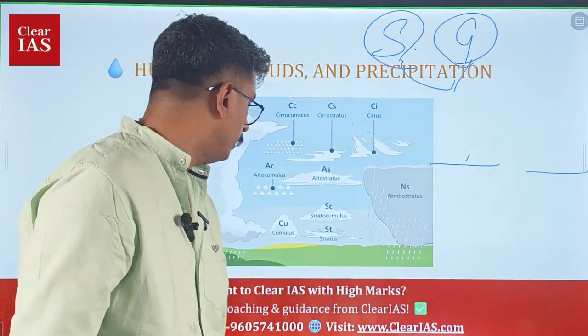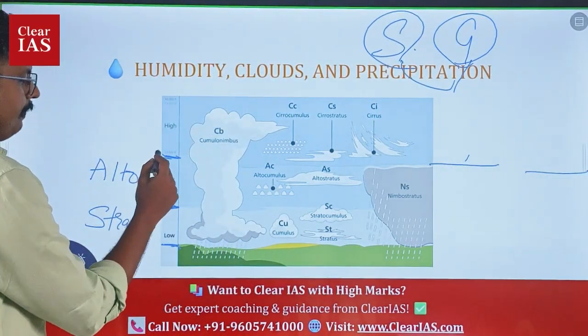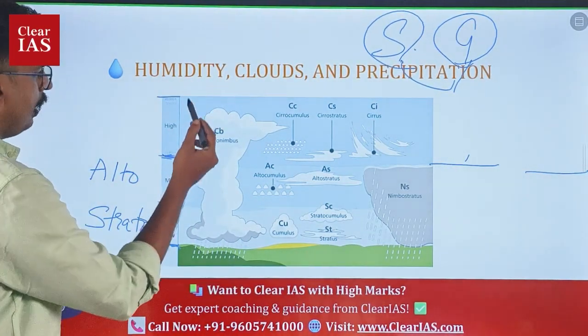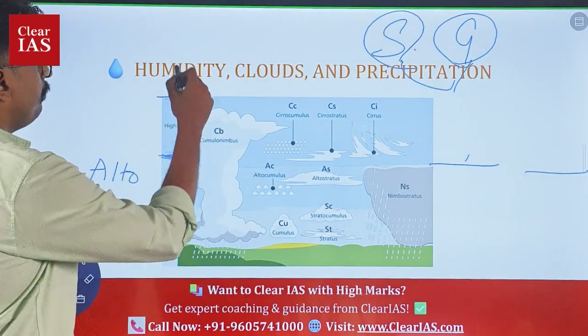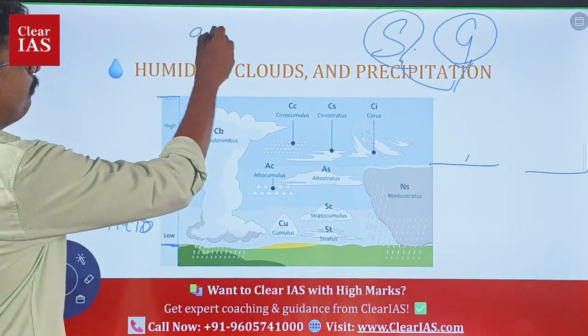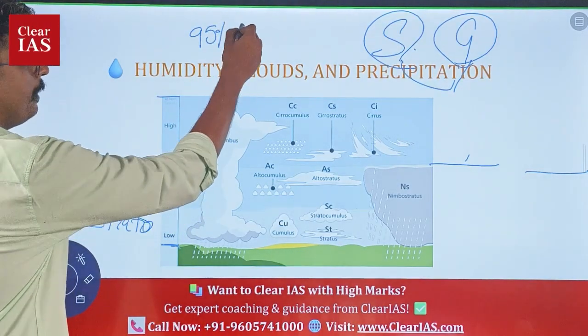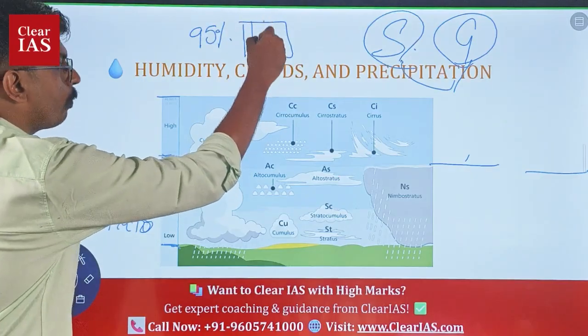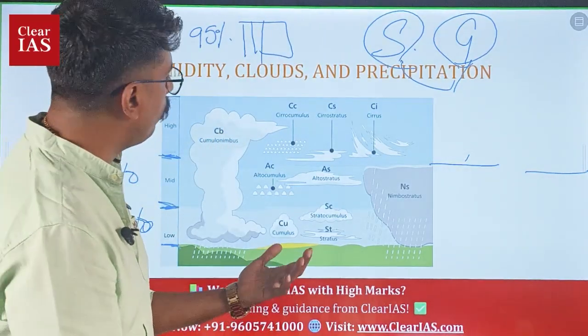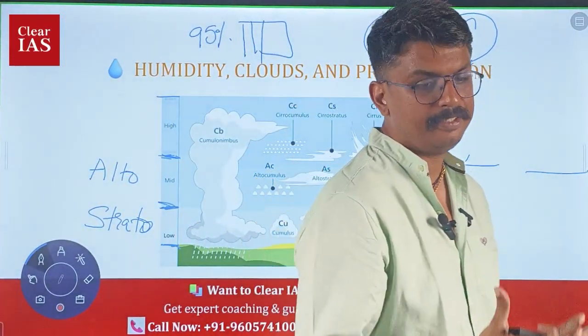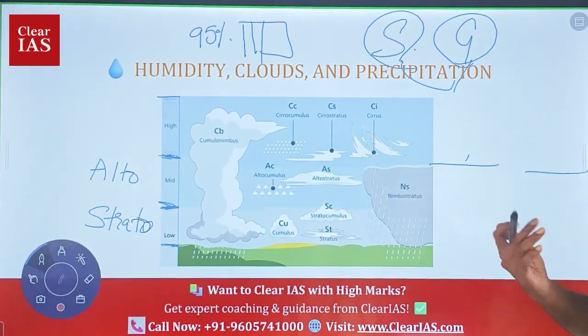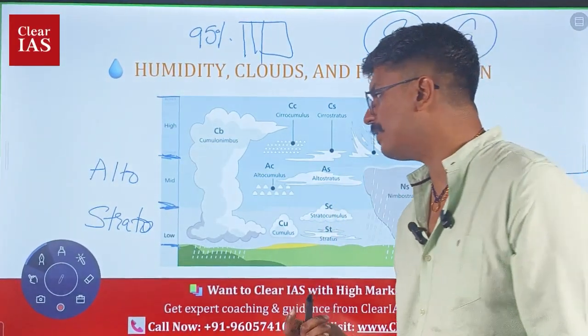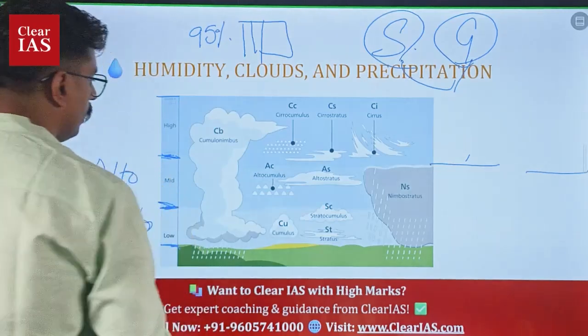Now, if it is more than 7,000 meters up to 12,000, we have studied that 95% of cloud formation happens inside the troposphere. That is why we call the troposphere the weather layer. There are some clouds in the stratosphere. We can see cirrus clouds.